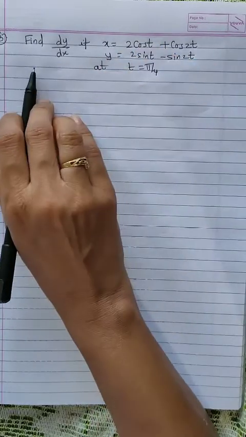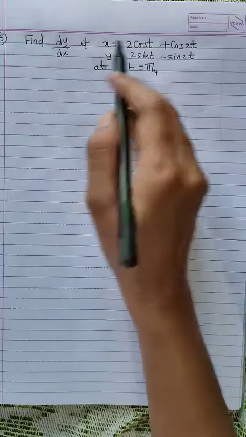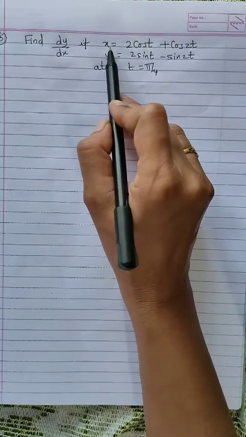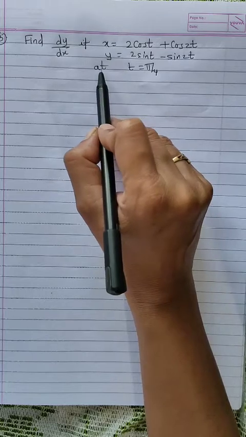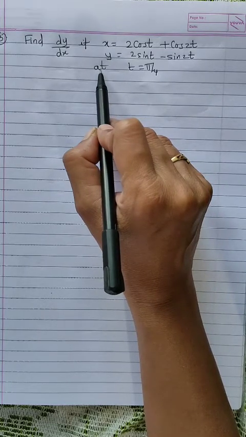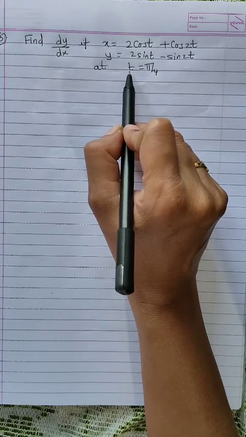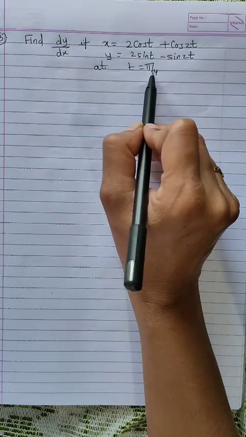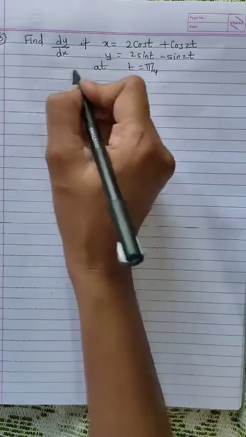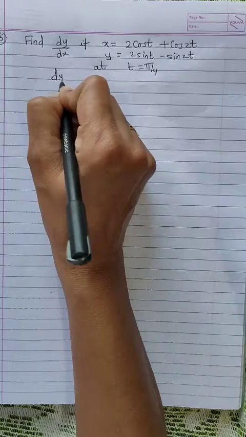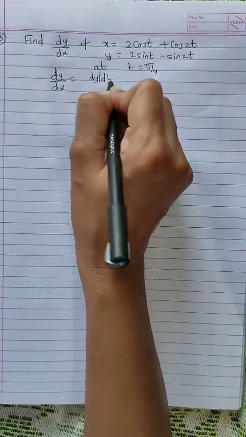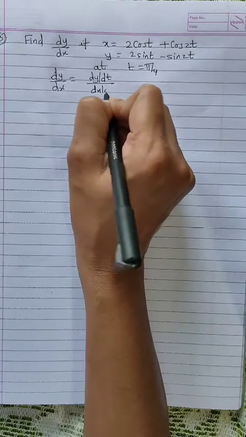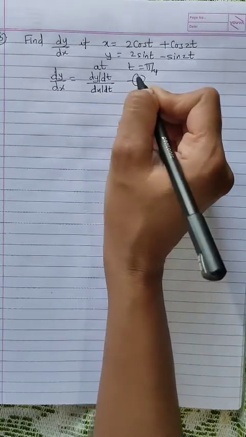Now here the question is, find dy by dx. x and y are given, x in terms of t, y in terms of t, and we have to find the value of dy by dx at the parameter t equal to pi by 4. So our parameter is t. Therefore first of all we write the formula: dy by dx will be dy by dt upon dx by dt. Say this is equation number 1.